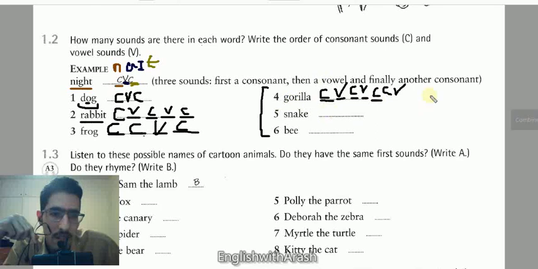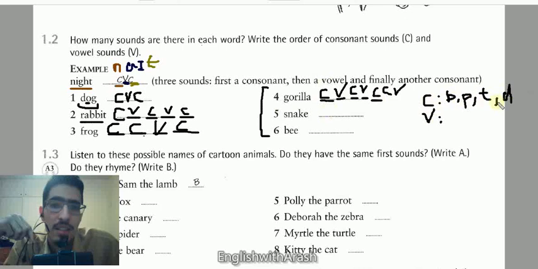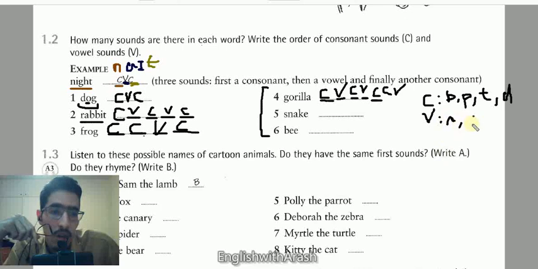C stands for consonant and V stands for vowel. Okay? So consonants are B, P, T, D. Somebody's asking a question, I'm explaining. Vowel is like the sound, like you have in bus or cat.